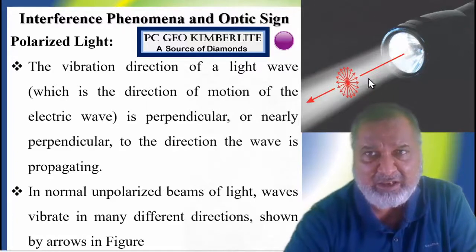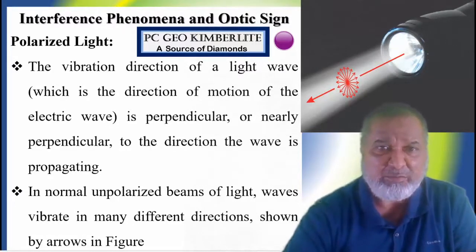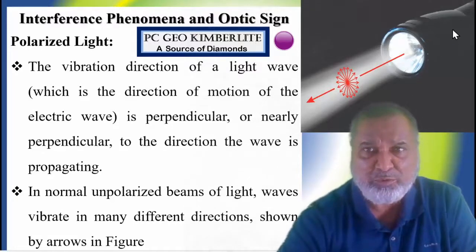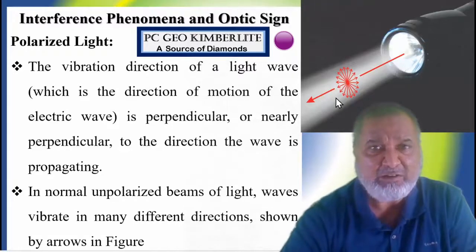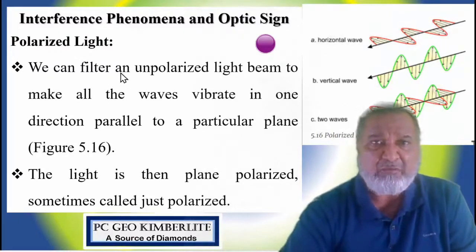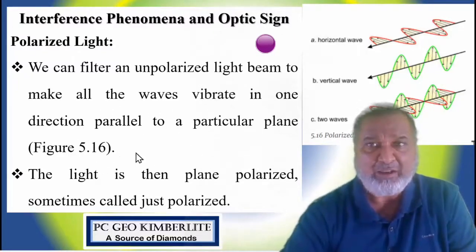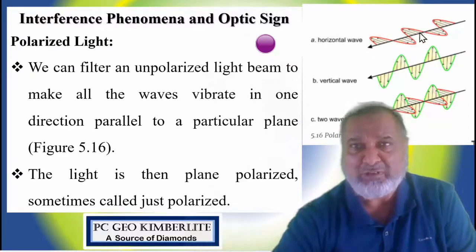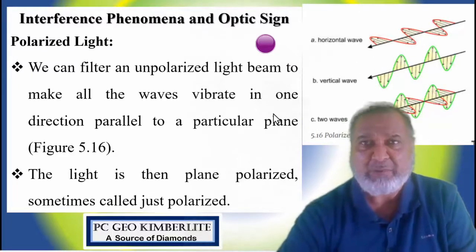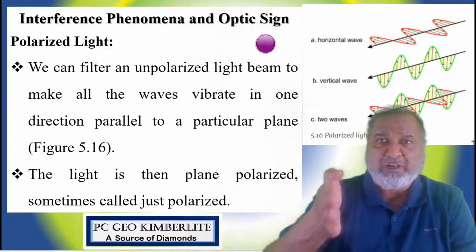You can see the light vibrating in all different directions. But once it comes out through this polarizer, we find the light vibrating in just a single plane. We can filter an unpolarized light to make all these waves vibrate in one direction, parallel to the perpendicular plane. The light vibrates in a single horizontal plane, then in the vertical plane.